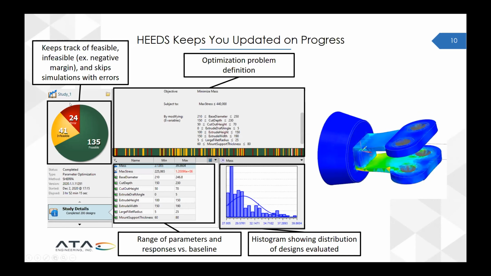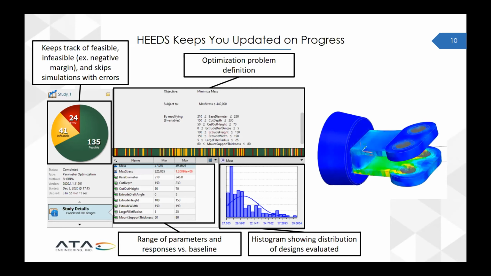And then also, there may be some designs that just error out for some reason. You know, maybe the dimensions that we specified are incompatible, or there was some issue with the analysis. So it keeps track of these. Even when it hits one of these error designs, it doesn't stop the optimization study. It just says, I'm going to ignore this, and keeps on going.